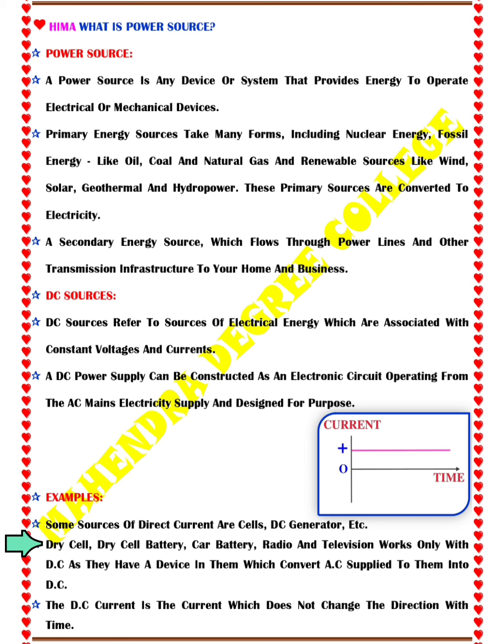It means devices like dry cell batteries and car batteries are all sources or users of DC power. Dry cells provide small DC power. Car batteries supply 12 volts DC for vehicle electronics.